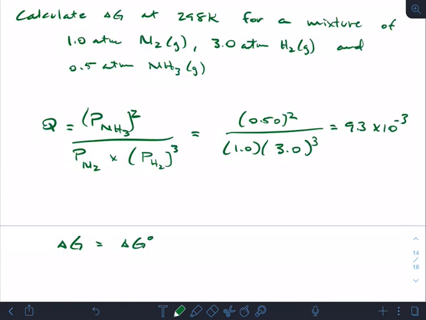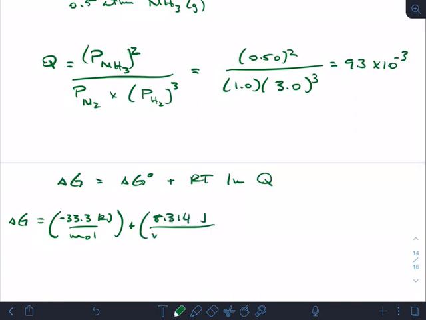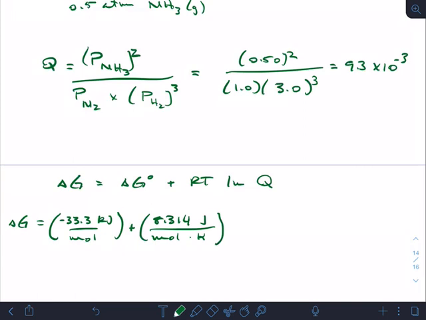So now that I have Q, my delta G equation: delta G equals standard delta G plus RT natural log of Q. So I can just plug all my values into this expression. Delta G equals negative 33.3 kilojoules per mole plus 8.314 joules per mole Kelvin.